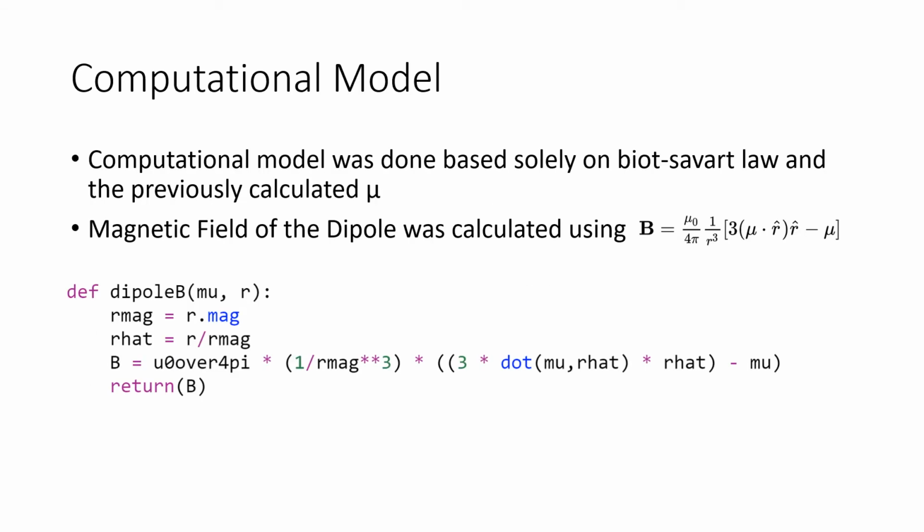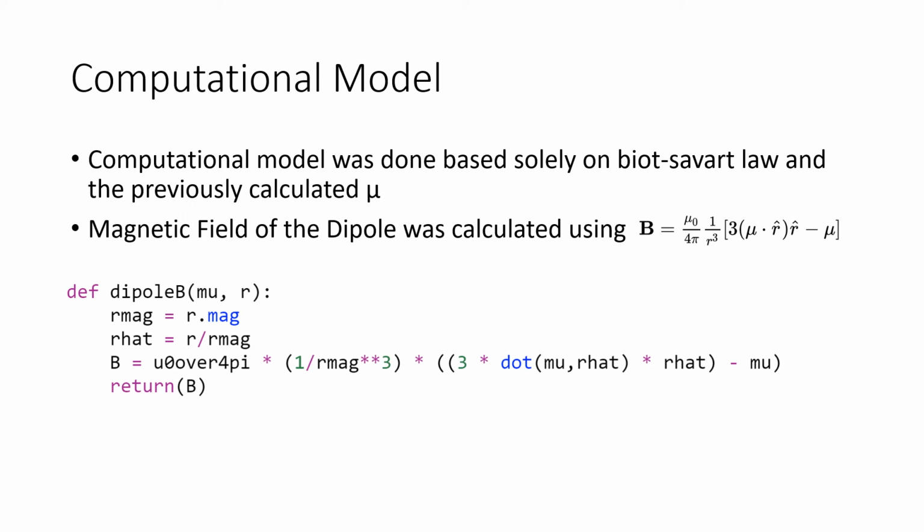For this, we also did a computational model based solely on the Biot-Savart law and the previously calculated mu. The magnetic field of a dipole is calculated using this formula that we showed earlier, and this is the general code for that equation, where we created a function that takes in a mu and a distance, or a dipole moment and a distance, and then we found an r hat and an r mag, or the direction between the distance and observation location and the magnitude of that vector.